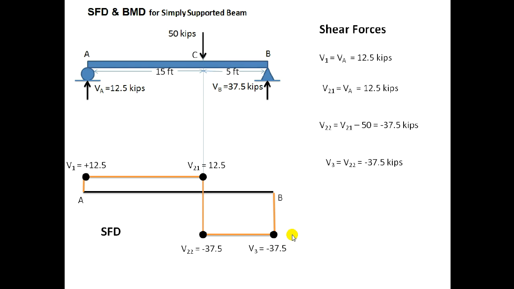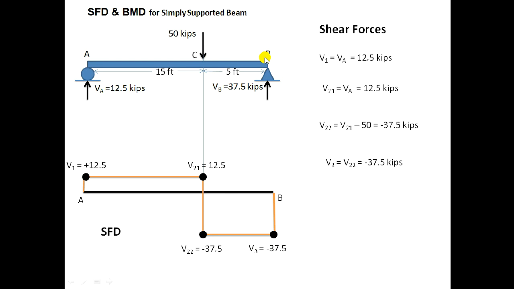And now the V3 is the same. V3 is the shearing force at point B, which is equal to V22, the shearing force at C. Now the shearing force at C is 12.5 at the left side here and minus 37.5 here. At point B the shearing force is V3.